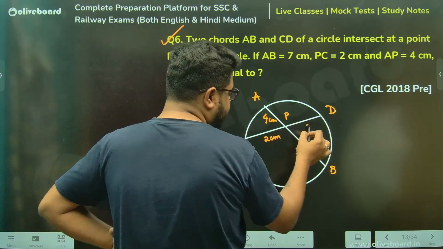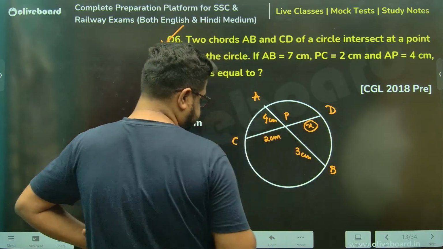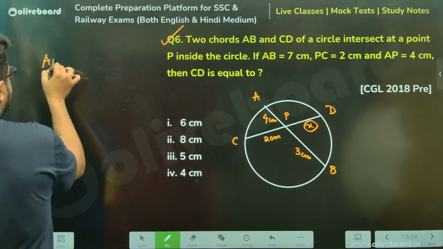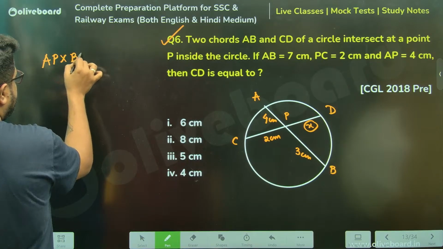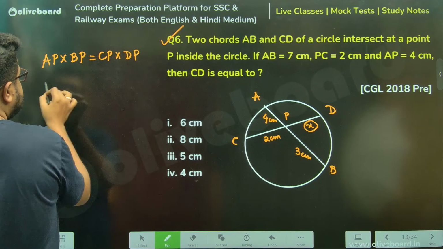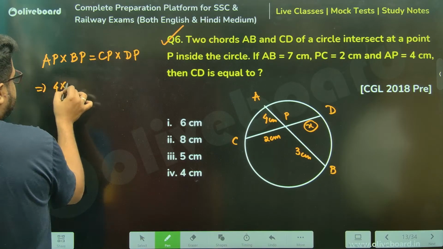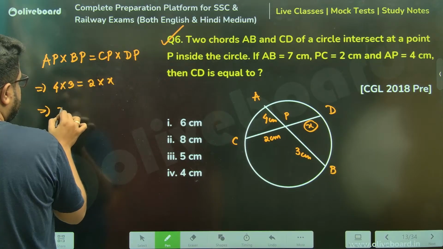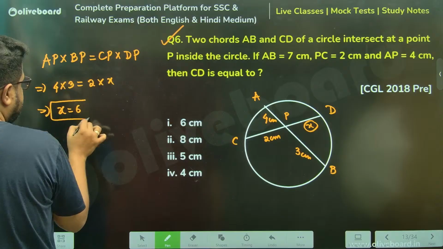Before I figure out CD, let's figure out DP. How to calculate? We all know AP into BP is equal to CP into DP. Calculate this: 4 into 3, 2 into X. X is equal to 6.